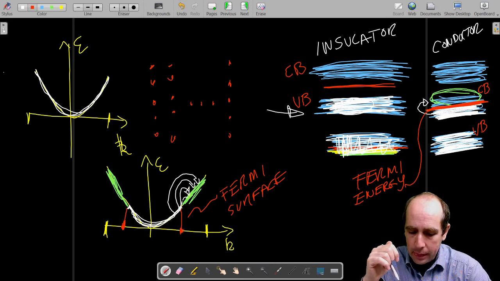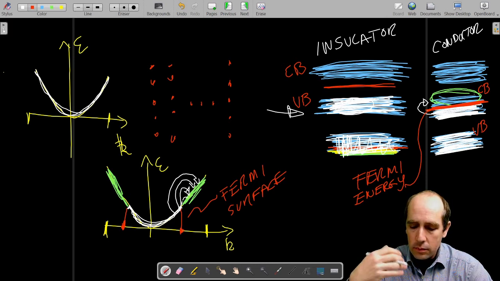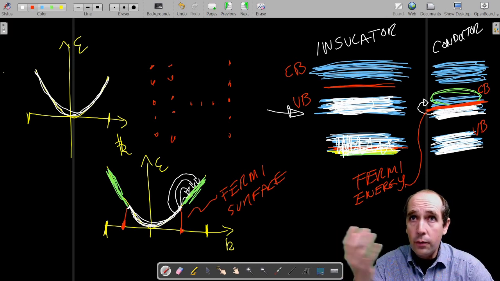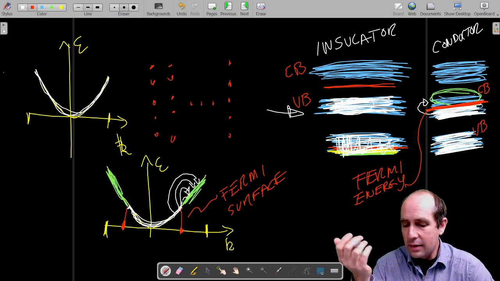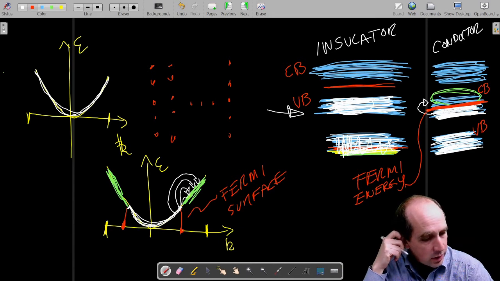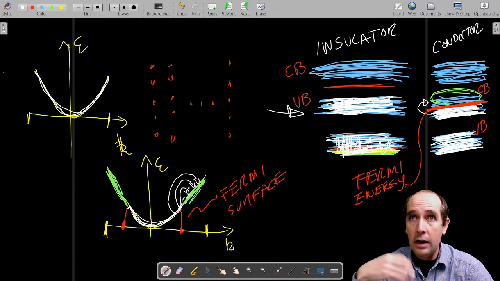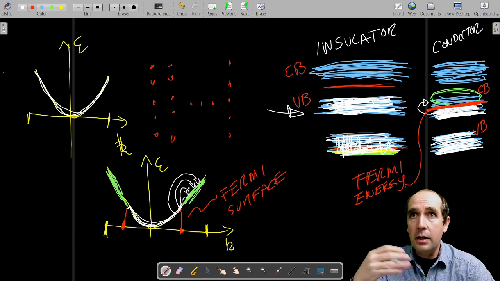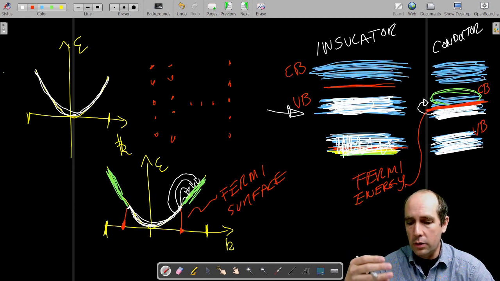And okay, great. So in terms of dividing these two types of materials, what we can say very generally is that insulators are materials that have an empty conduction band, and conductors are materials that have a half-full conduction band.